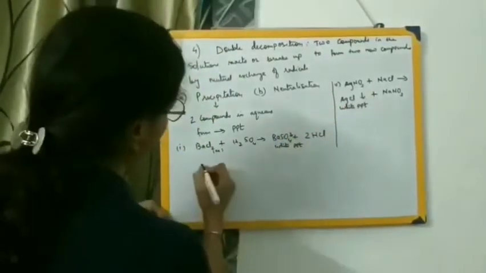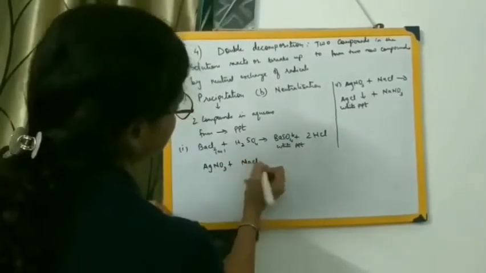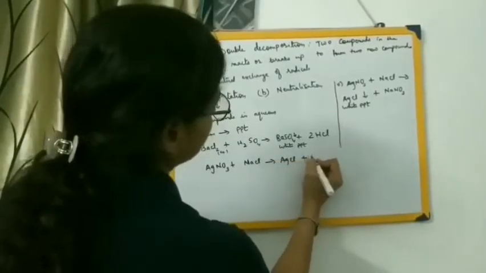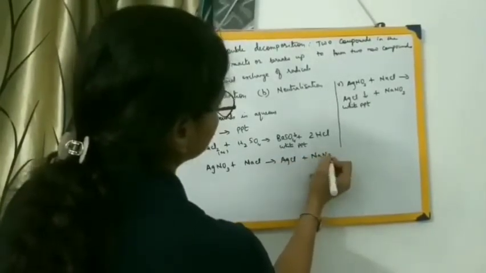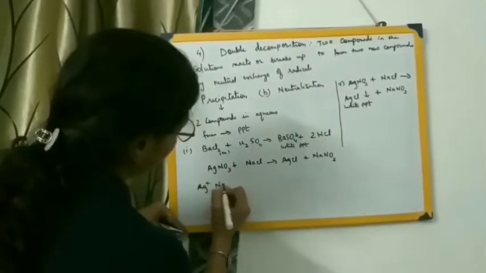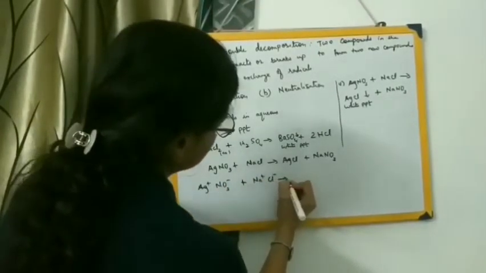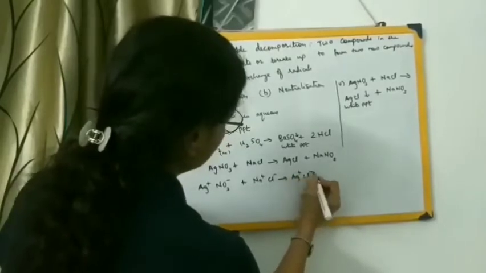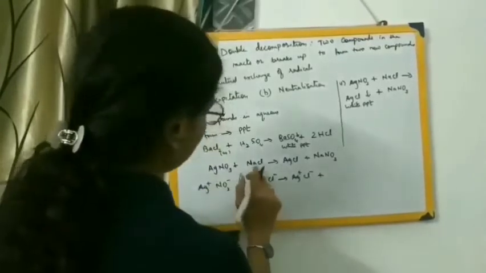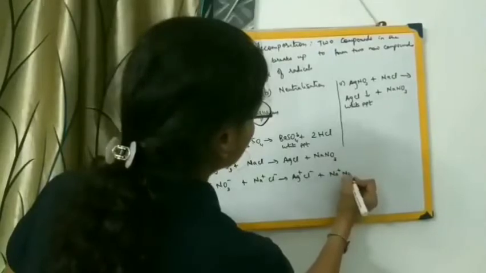I am writing it down once again: AgNO3 plus NaCl leading to the formation of AgCl plus NaNO3. So what is happening over here? This is Ag plus NO3 minus plus Na plus Cl minus. This is Ag plus Cl minus, that is Ag is coming along with this negative ion, plus over here Na, this is a positive ion, so this is Na plus NO3 minus.